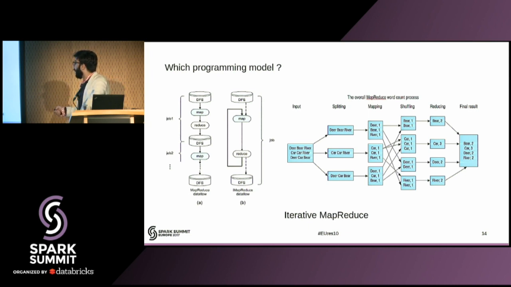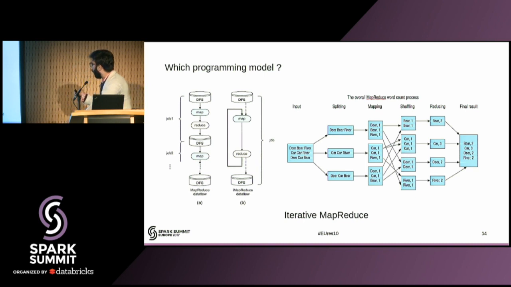So you have the mappers, the reducers, and the shufflers. Since it's iterative MapReduce, once you have done all the reduction, you have a feedback, and then the next iteration starts. It is shown here.